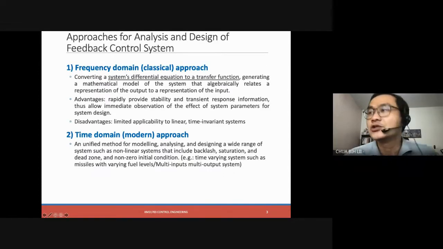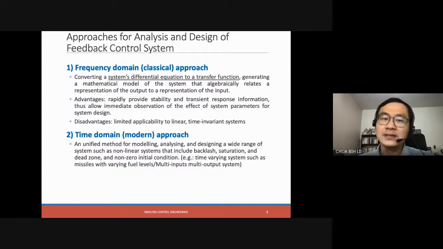Here again, we go through some concepts that may be present in those textbooks. They may say that there are classical and modern approaches.